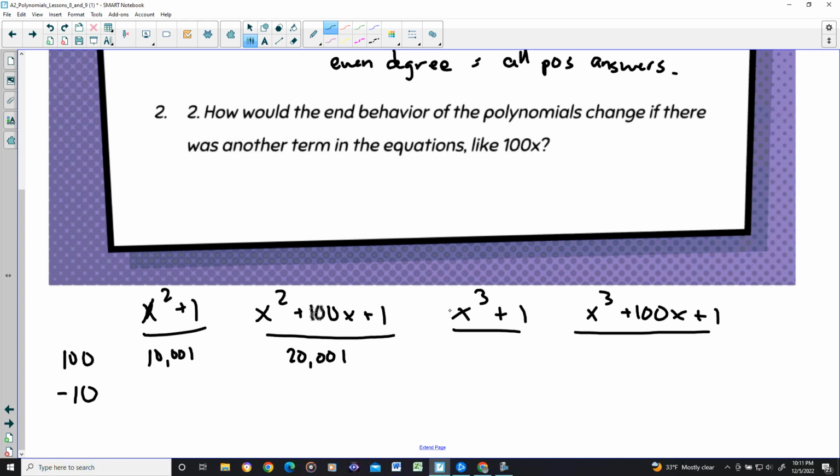What if I have this function x to the third plus 1? Now let's do it. So now we're going to have, I believe, 1,000,001.